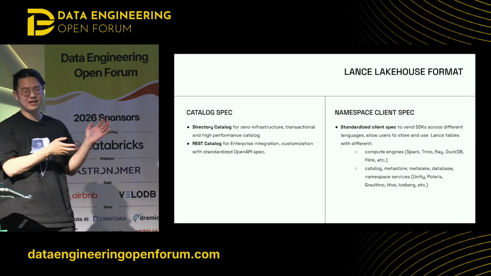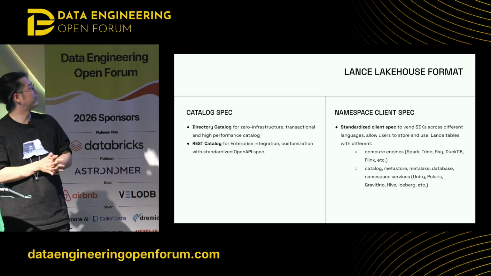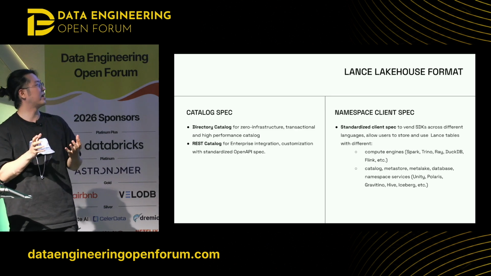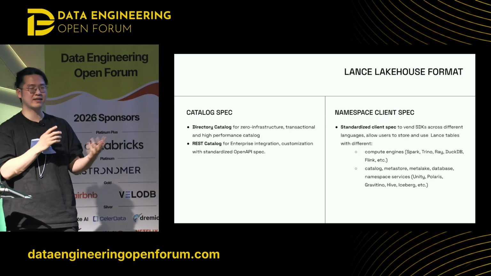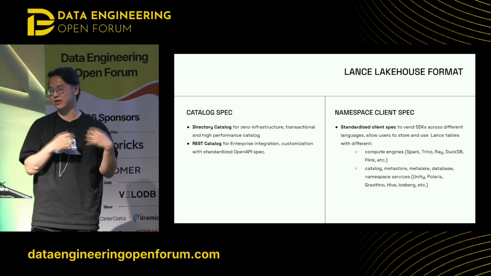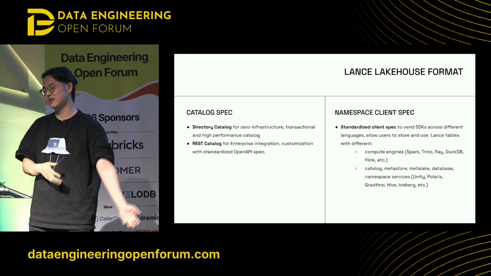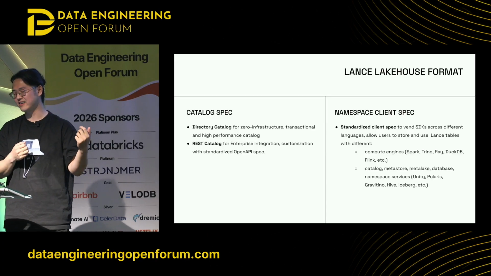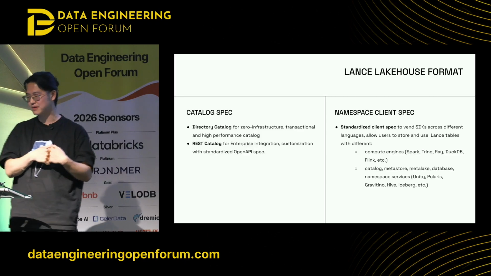And then there's a REST catalog part that we worked with Netflix to deliver as an enterprise integration endpoint, so that if you are using Lance, you can customize the endpoint. You can offer the same REST endpoint, and everything will plug through the whole ecosystem so that you can work with different engines, connecting to your internal custom catalog, and then the catalog stores Lance data. And on top of that is a layer I think not every similar solution has, which is what we call the namespace client spec.